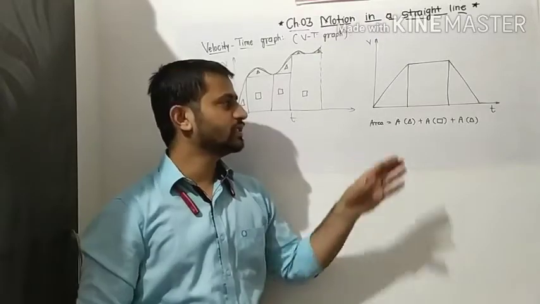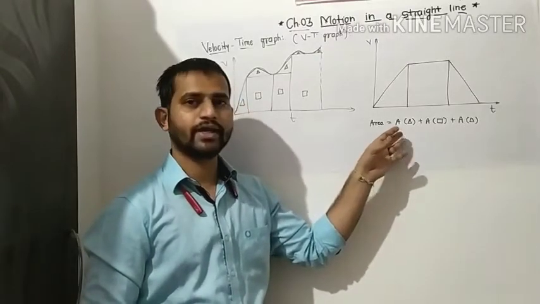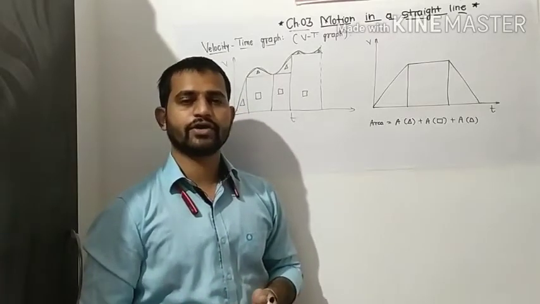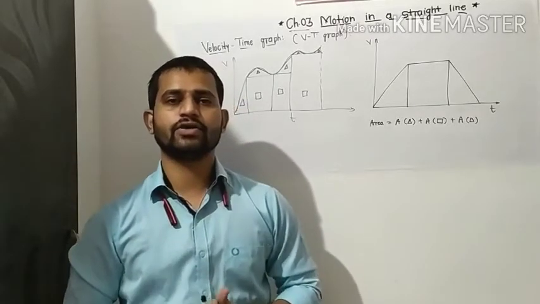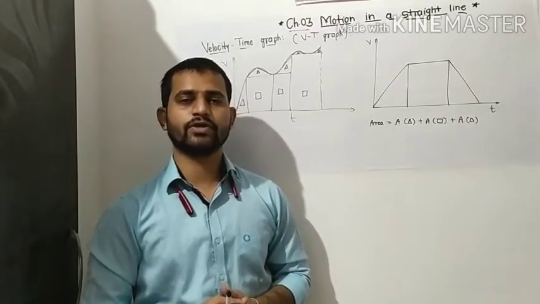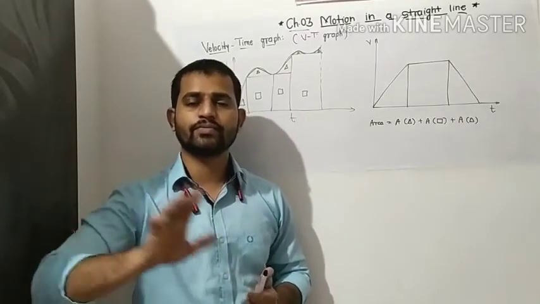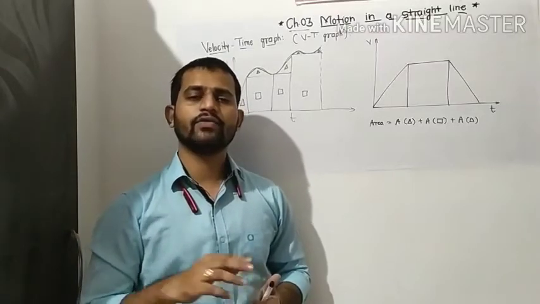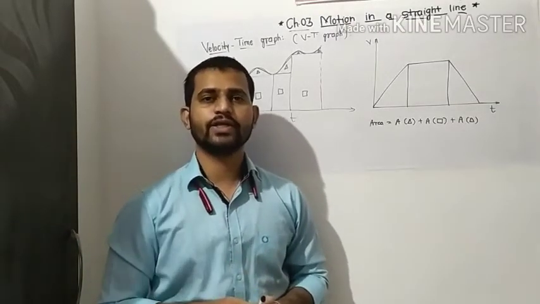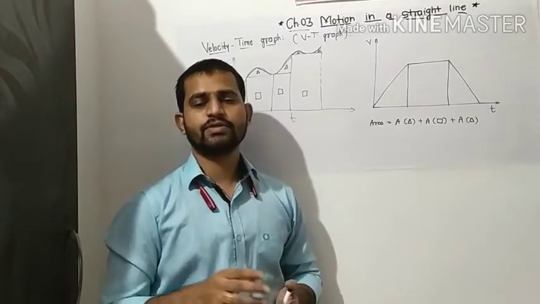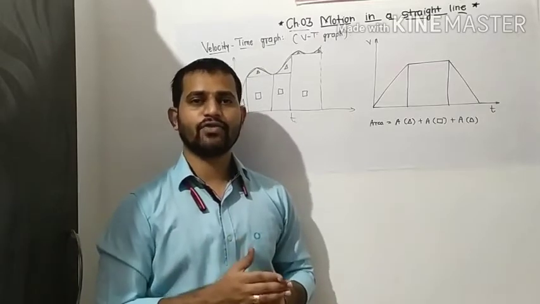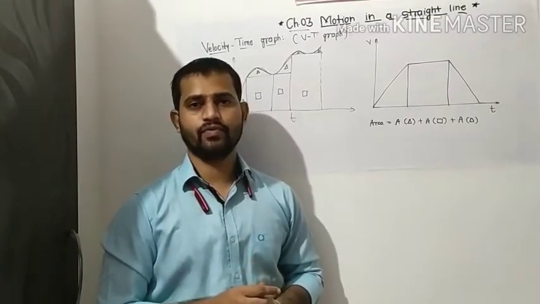By using such techniques of finding the area under the VT curve, we can find out the displacement of that particular object. How much will be the displacement of that object when it moves with some velocity, and even if there is a change in velocity with respect to time, how much displacement is covered by that object, we can find out by calculating the area under the VT curve.